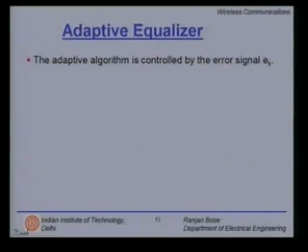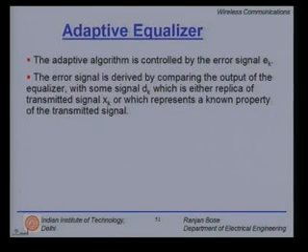Now, how do we retune the weights? The adaptive algorithm is controlled by the error signal Ek. The error signal is derived by comparing the output of the equalizer with some signal dk, which is either a replica of the transmitted signal xk or which represents a known property of the transmitted signal, for example, constant amplitude.